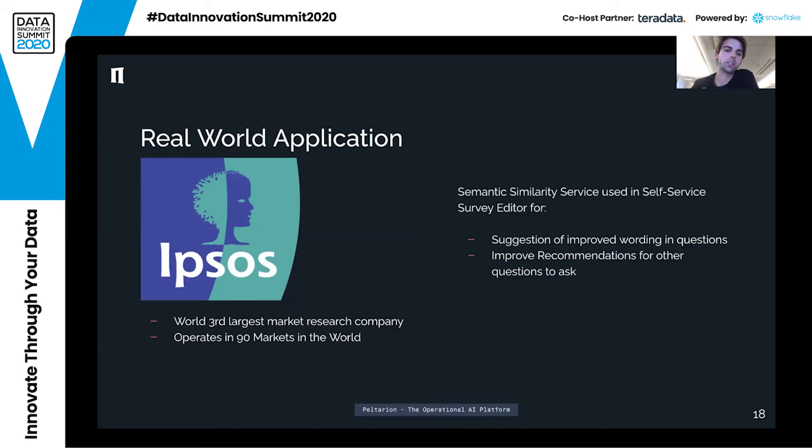So you will find there's quite a lot of real world use cases where it's very good and useful to have a sense of similarity between things.